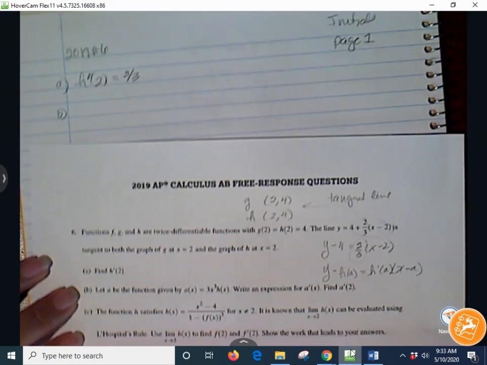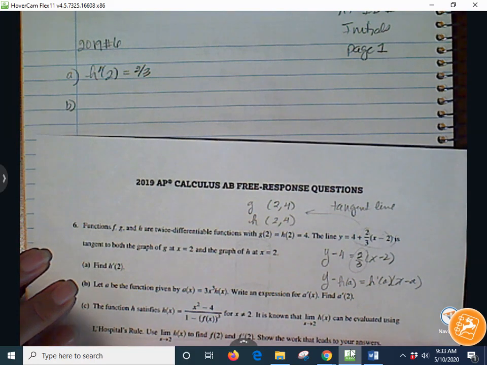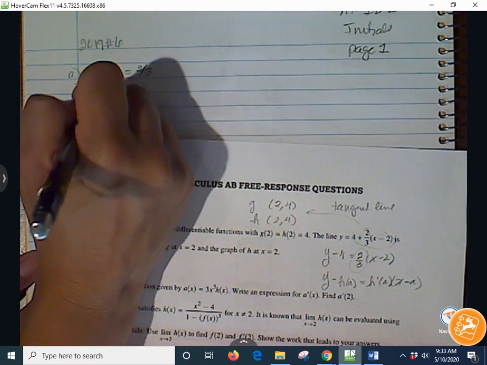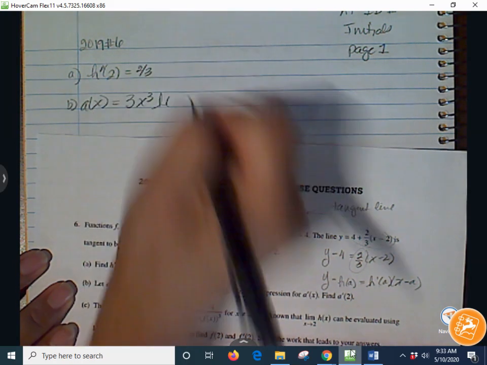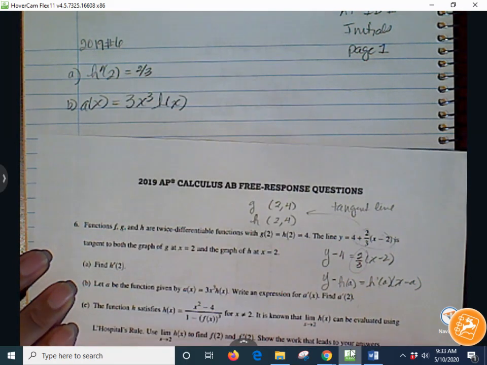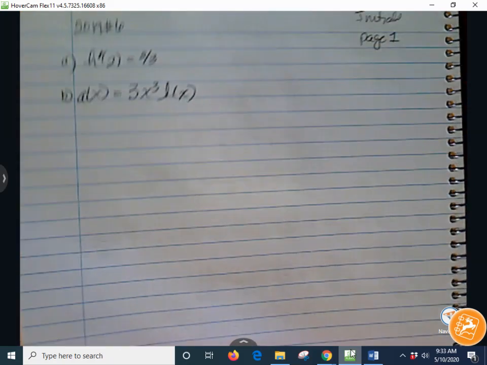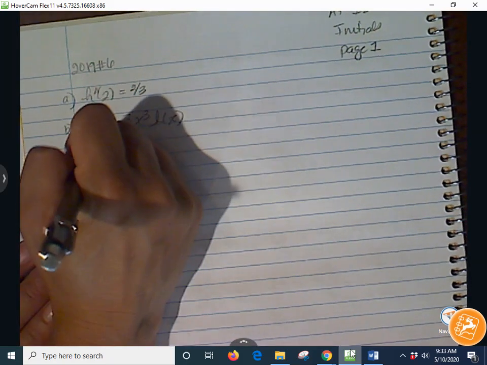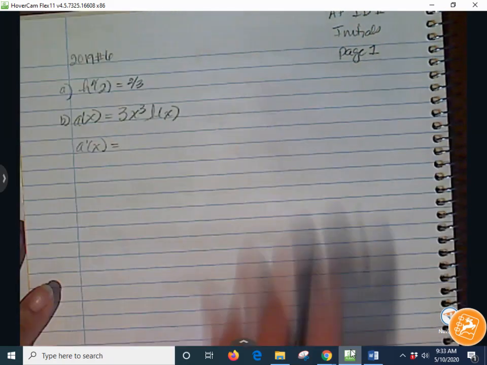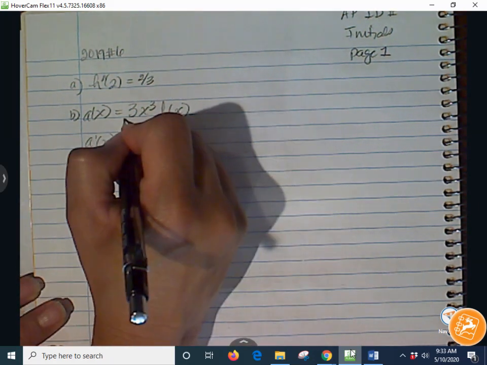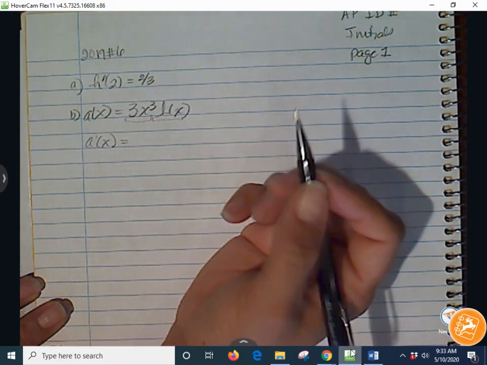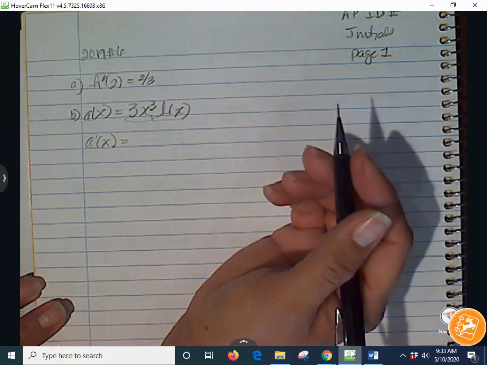It says, let a be the function given by a of x. I'm going to write this down. A of x is equal to 3x cubed h of x. Okay? Write an expression for a prime of x, and then find a prime of 2. So a prime of x is equal to, well, this is with respect to x, and so I have two expressions multiplied together that are with respect to x, and so I'm going to do the product rule.